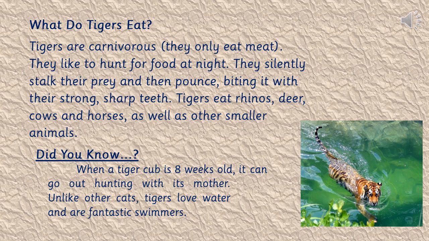Why is it written unlike other cats? Because we studied in the first page that tigers belong to the cat family and cats don't love swimming or playing in the water. But tigers, on the other hand, are fantastic swimmers and they love to stay in water as well.